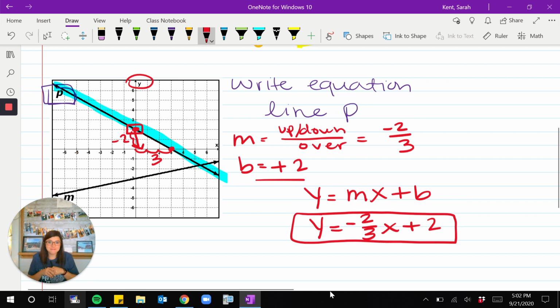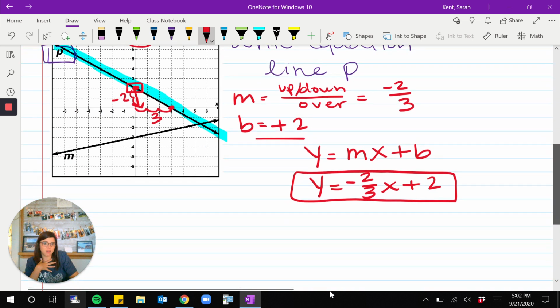All right, and there's one more type we're going to look at, and that's if they give you the slope and the y-intercept. I think this last one is the easiest.